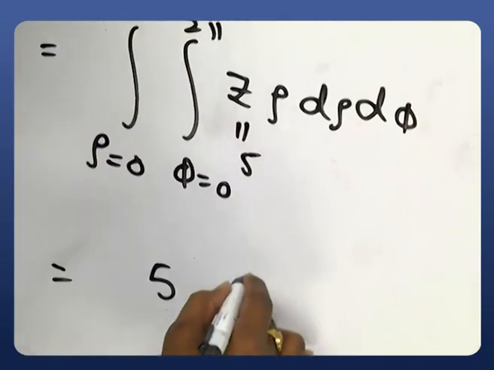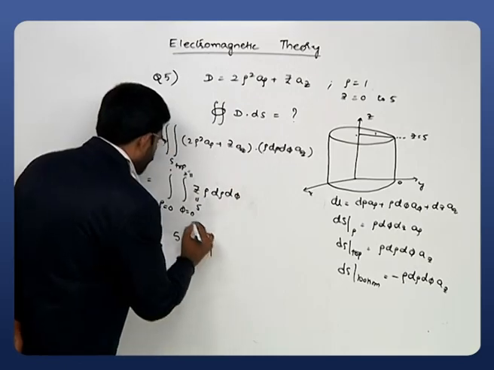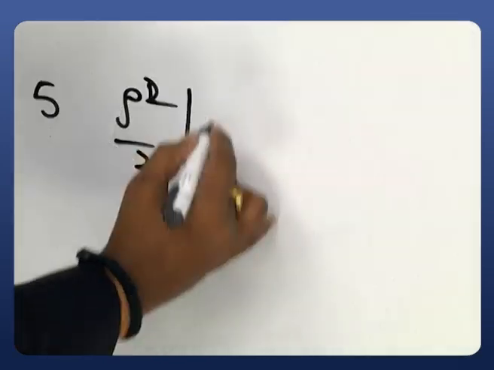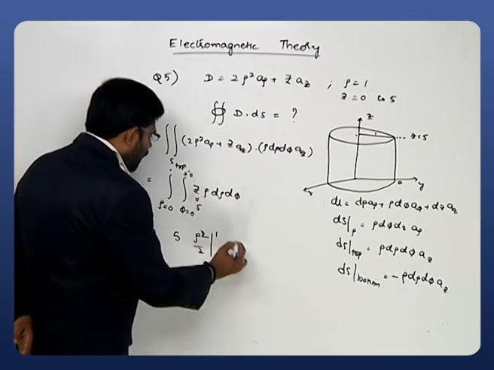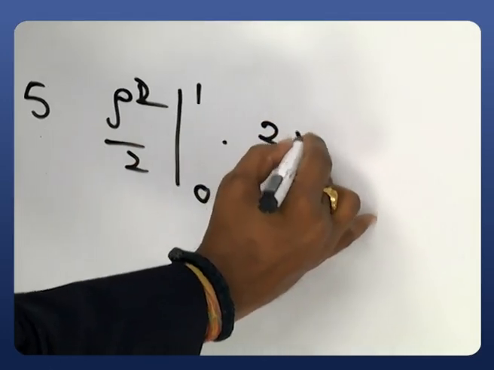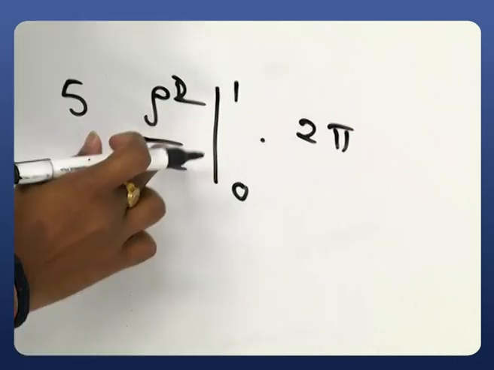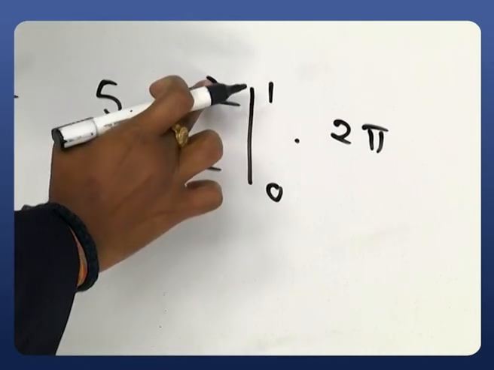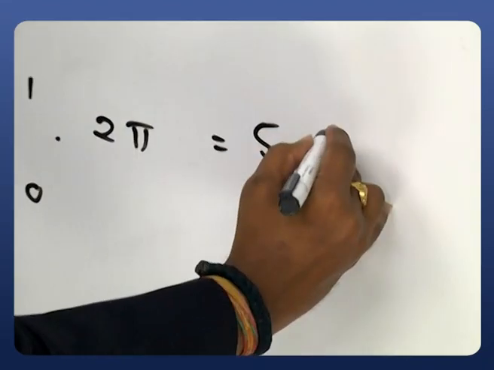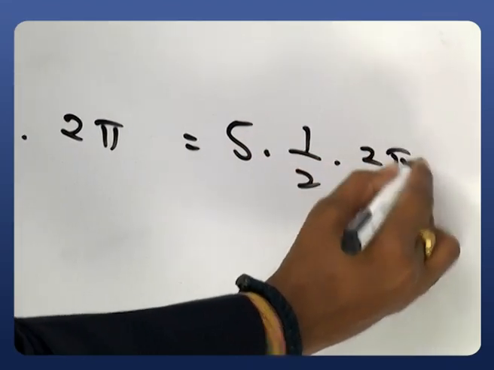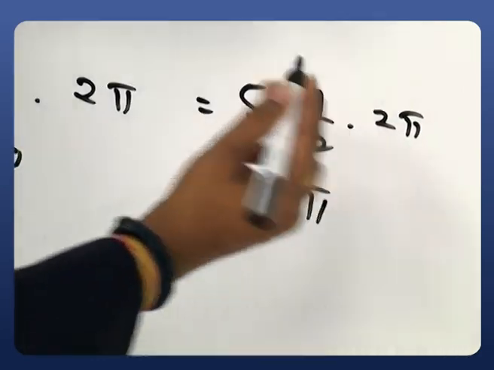Rho d rho is nothing but rho square by 2, taken from 0 to 1, multiplied with respect to phi. If you integrate phi from 0 to 2 pi, what we get is 2 pi. So the direct integration will give us the answer. With the rho limits from 0 to 1, what we get is 5 into 1 by 2 into 2 pi, which equals, the 2 is cancelled, 5 pi.